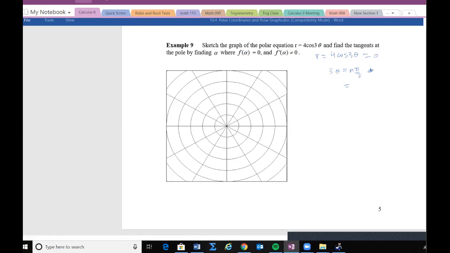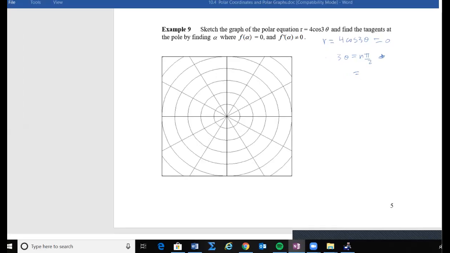I take that back, I can't use this. I need an odd multiple of pi over 2. So let's write that as 2n plus 1 pi over 2. And that means theta is this 2n plus 1 pi over 6.